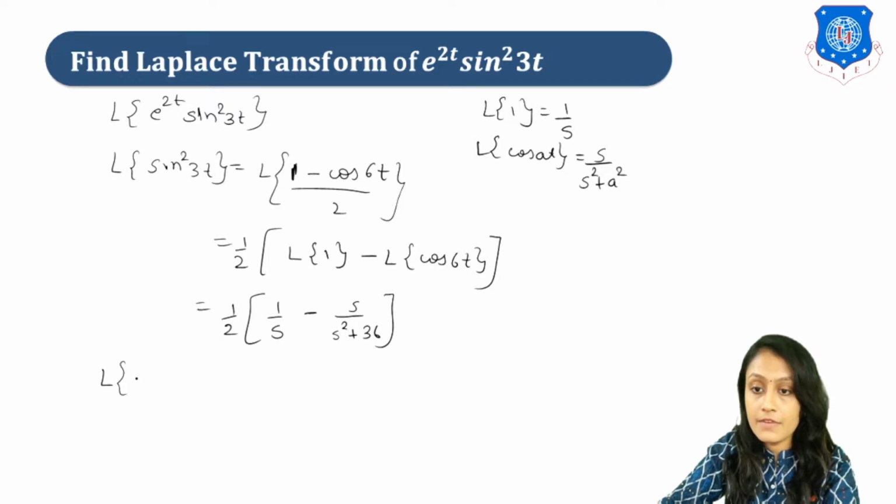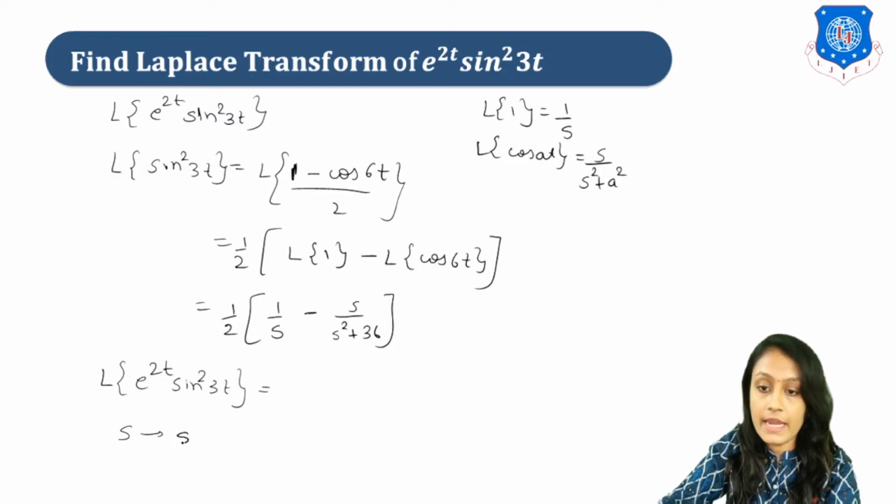Now if we apply e raised to 2t with sine square 3t, what we have to do in this answer is, in place of s we will write s minus 2. Here we have plus 2, so we will write s minus 2. If we had minus 2, then we would write s plus 2.